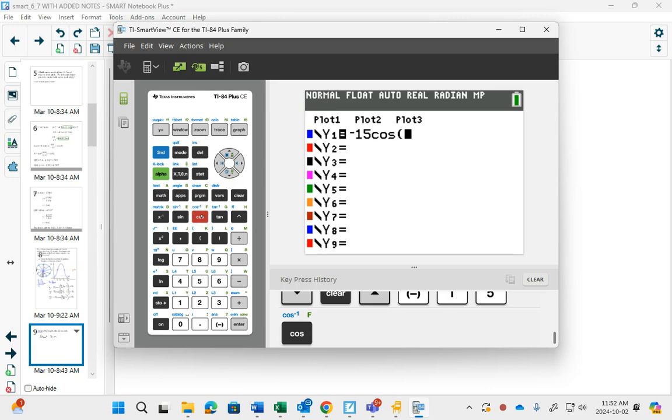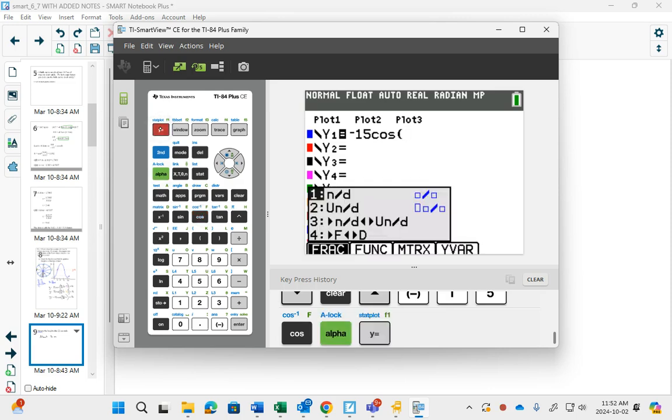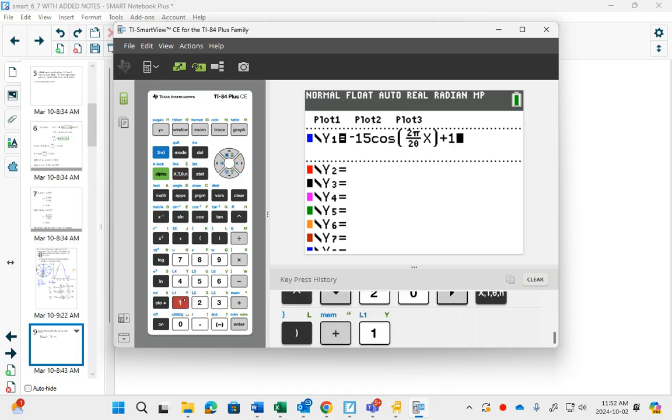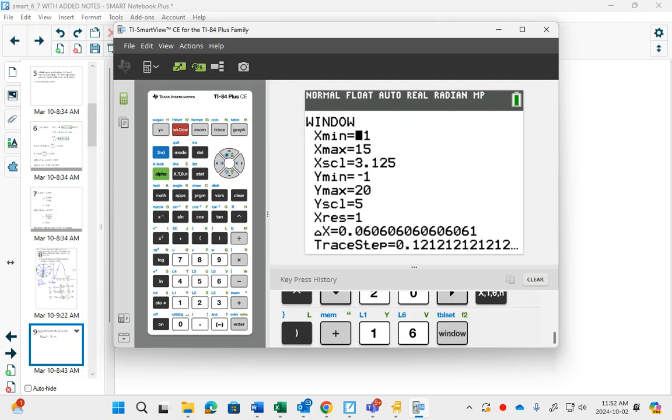If I wanted to find it exact, I could put one of my equations in. I'll use the negative cos graph because I didn't have to write as much. I could set up my window so that I can see it. This time I need to go past 22 if I want to see 22.